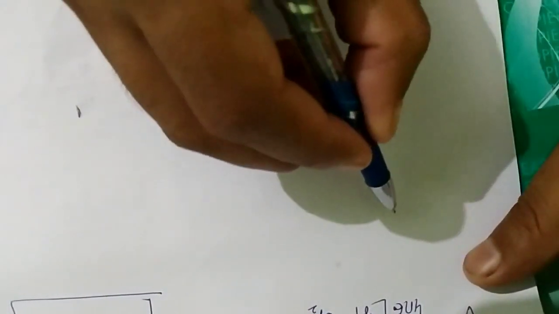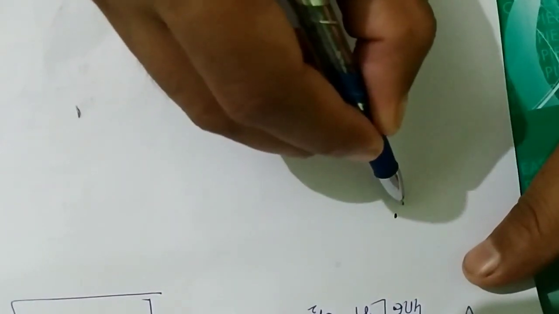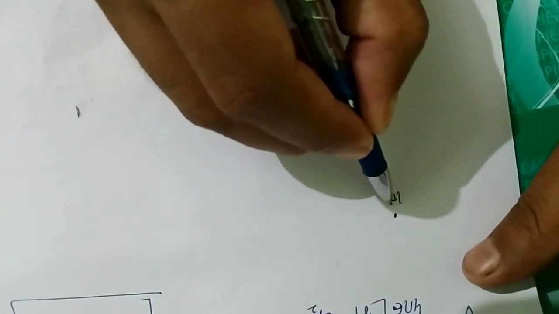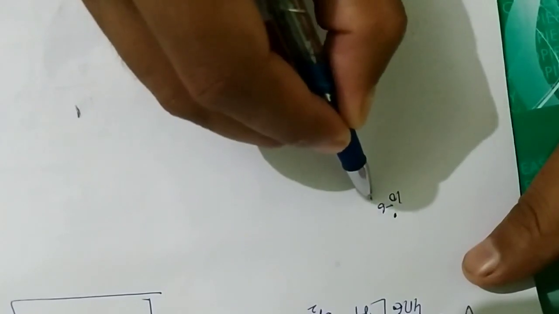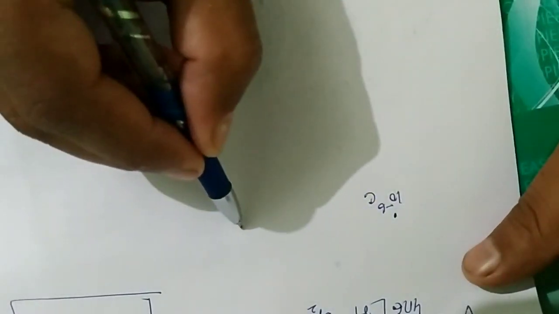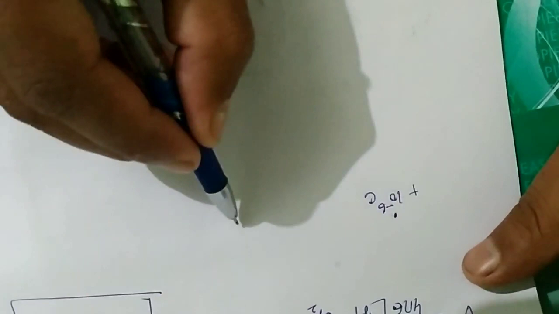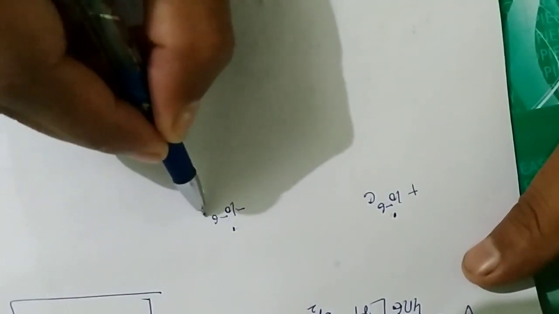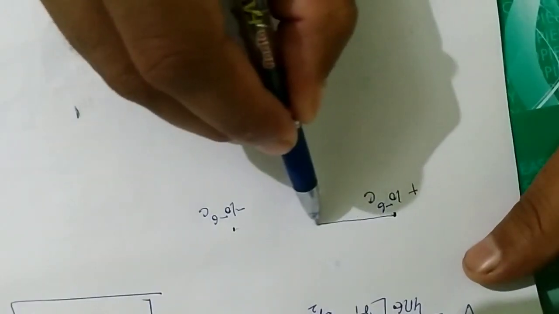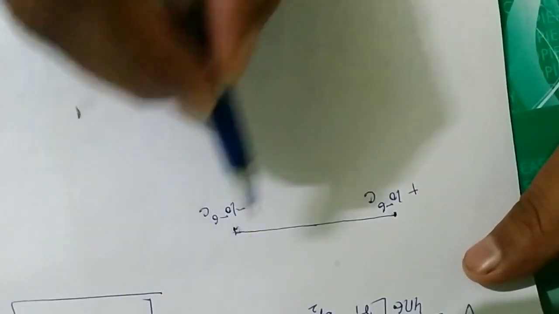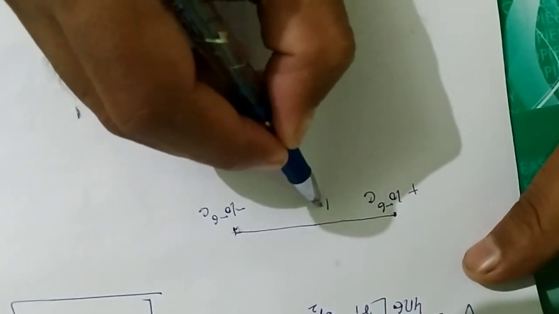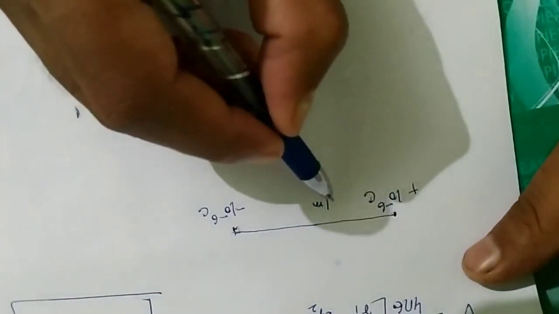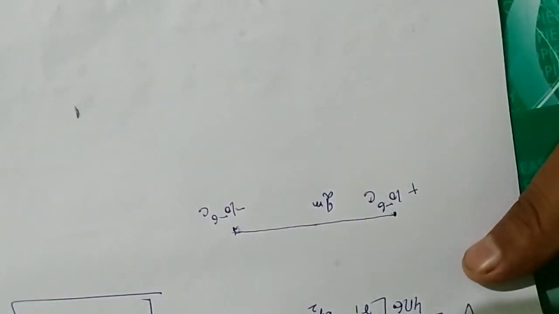See here, suppose you have two charges. This is a charge of 10 microcoulomb, that is 10 raised to minus 6 coulomb, a positive charge, and another charge placed at this point is minus 10 microcoulomb. The distance, for simplicity, I take as 2 meter.